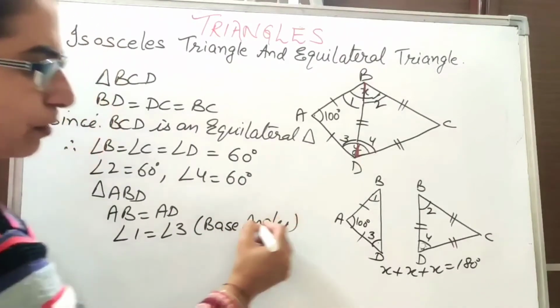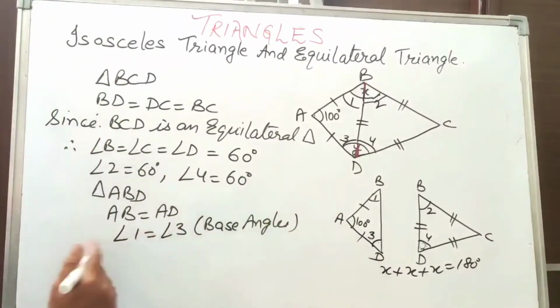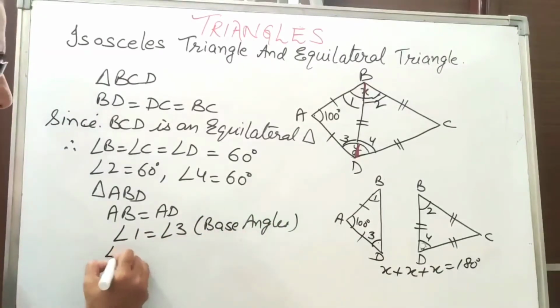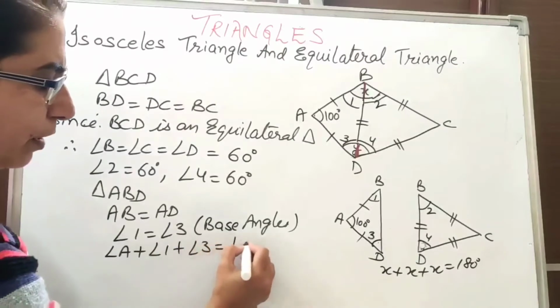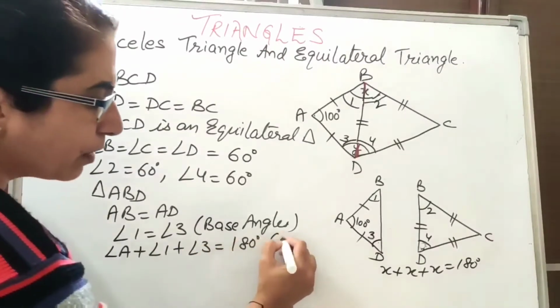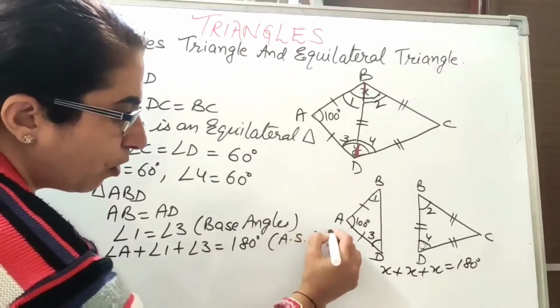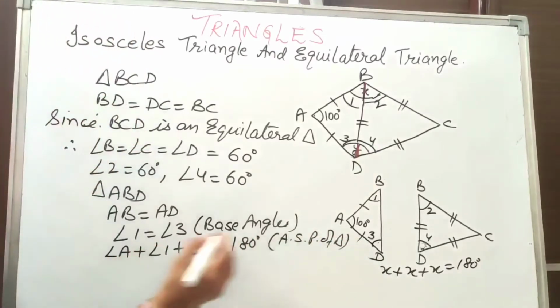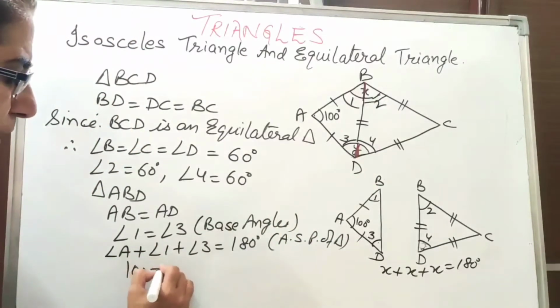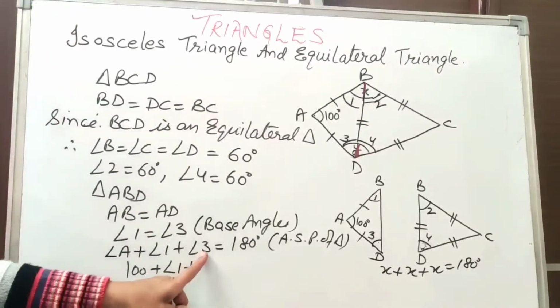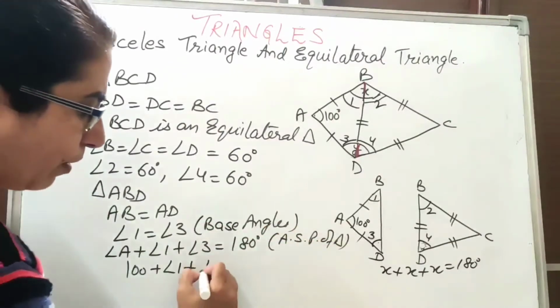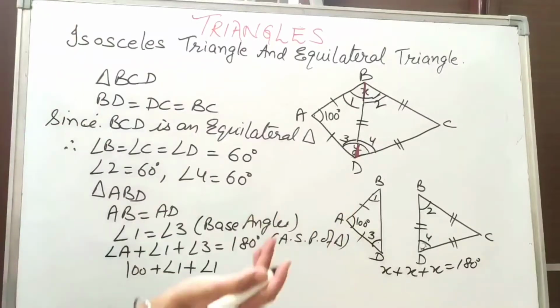By angle sum property, we can find angle A plus angle 1 plus angle 3 is equals to 180 degree. Angle sum property of triangle. So, angle A is 100. Angle 1 is not given. So, in place of angle 3, I can write angle 1 because angle 1 and angle 3 both are equal.